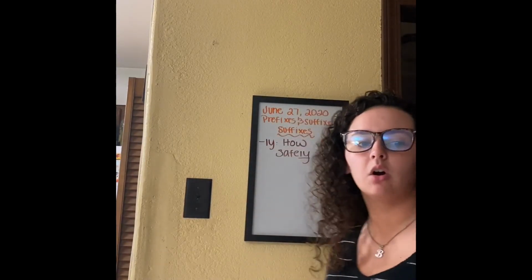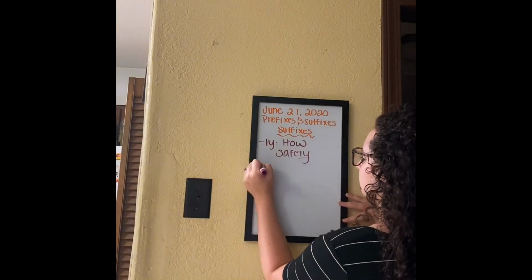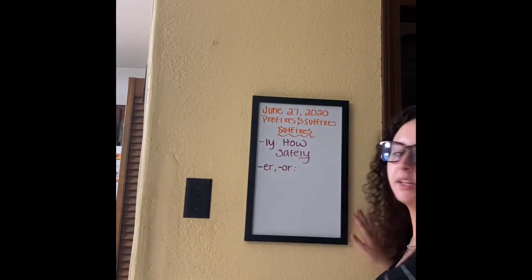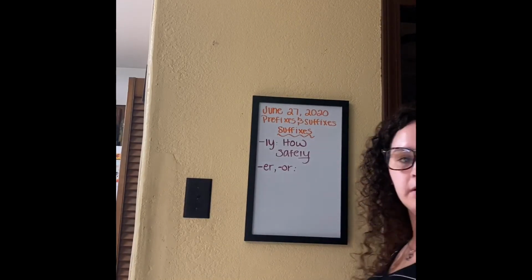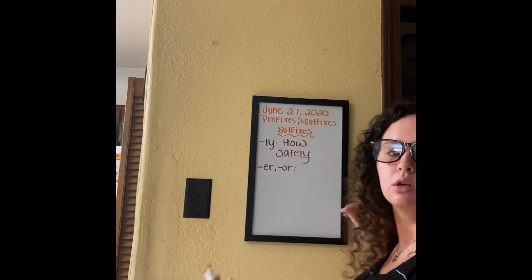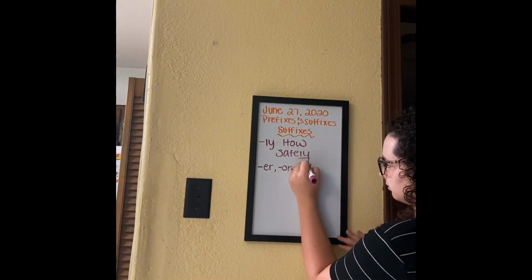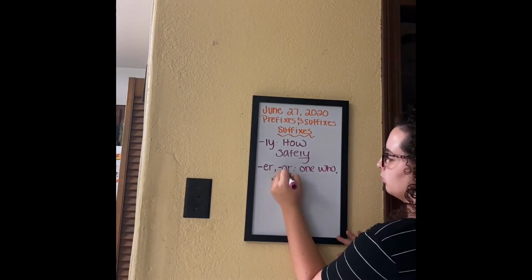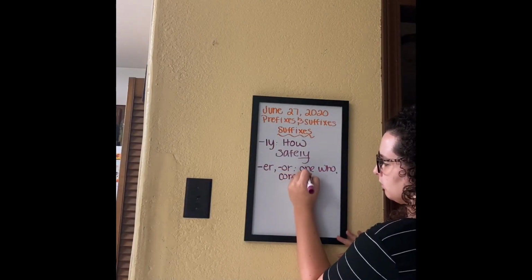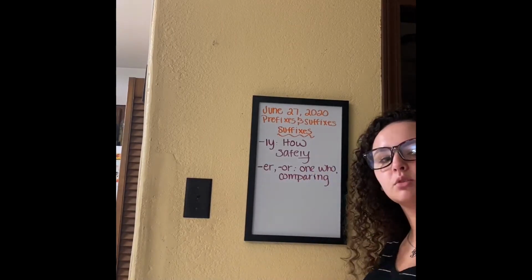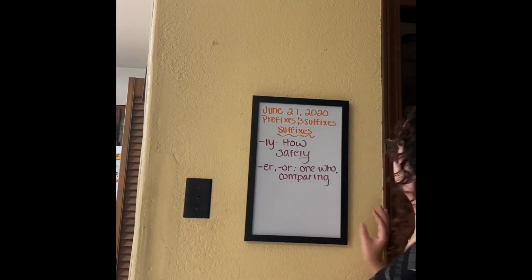Okay, and then the last one that we're going to learn today is ER or OR. So ER and OR. This means comparing or an action or one who. So, one who, or comparing. So we're going to do 2 examples for this one because it's a little more difficult, just so that y'all understand.